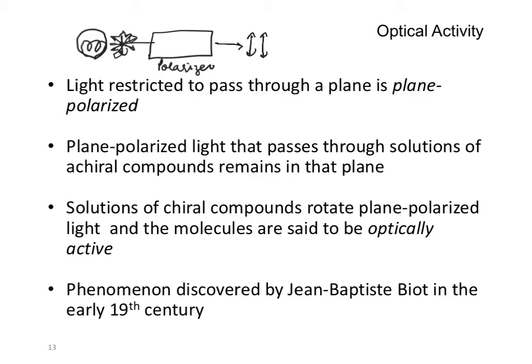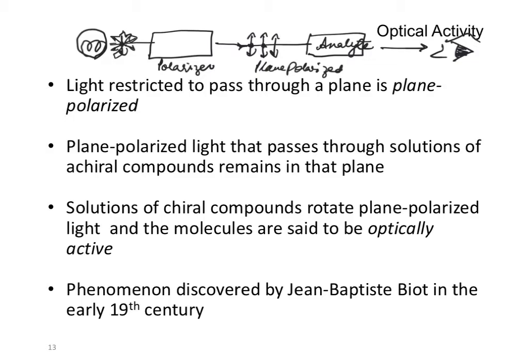So they're going to perhaps be up and down, and that's it. That's what you're going to see. And then he called this light plane polarized light. And then he allowed that to pass through your analyte. And he made his observations at the end.